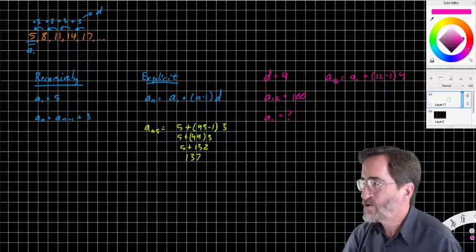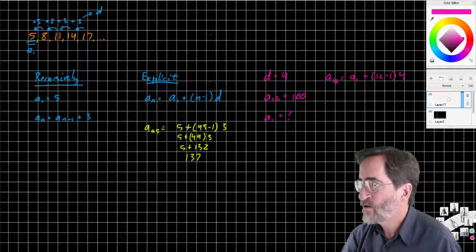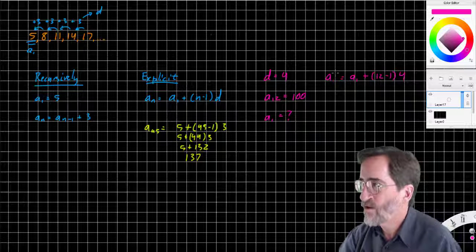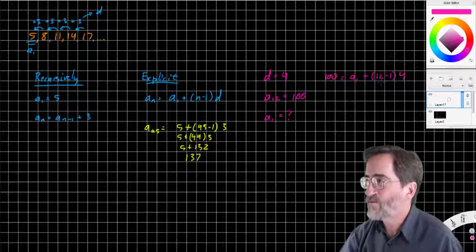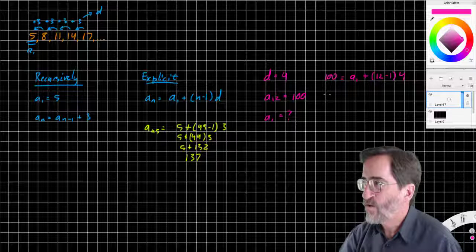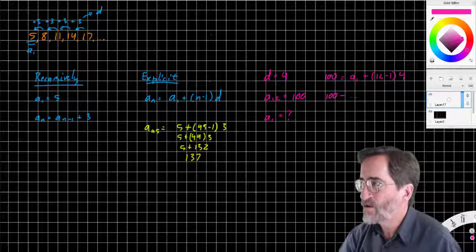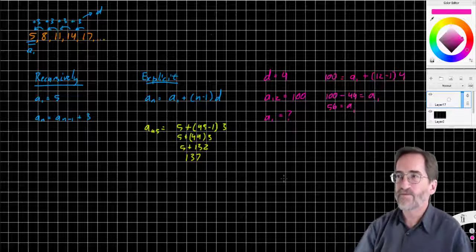We don't know the first term, but we can find it. We know the 12th term is 100. So 100, and we can simply solve the problem. 12 minus 1 is 11. 11 times 4 is 44. So a sub 1 is 100 minus 44, or 56. So the first term is 56.